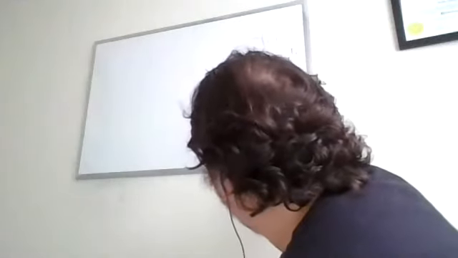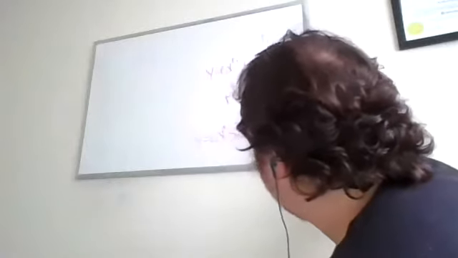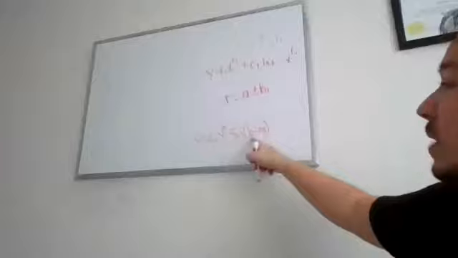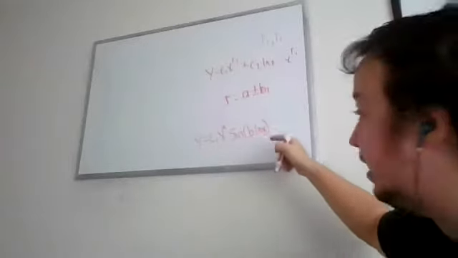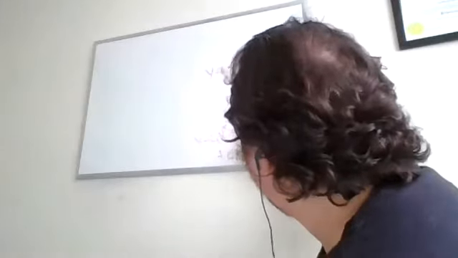Well, first of all, we're going to have y is c1, and then we still have x to the a. But this time we're going to have sine of b ln of x. So this b is going to go inside our sine function times this natural log. And then we have c2 x to the a, and then you guessed it, it's going to be cosine of b ln of x.